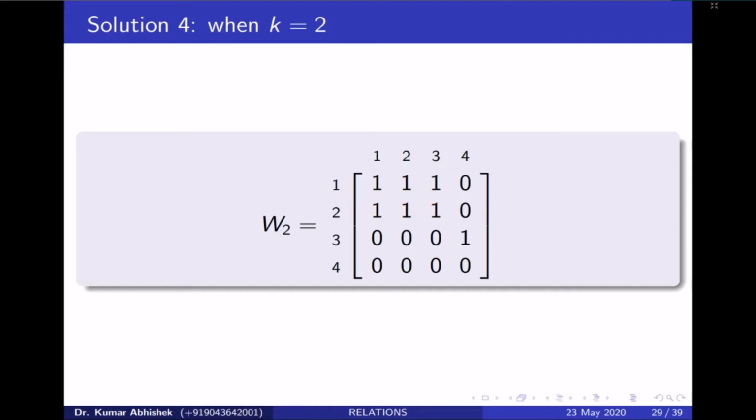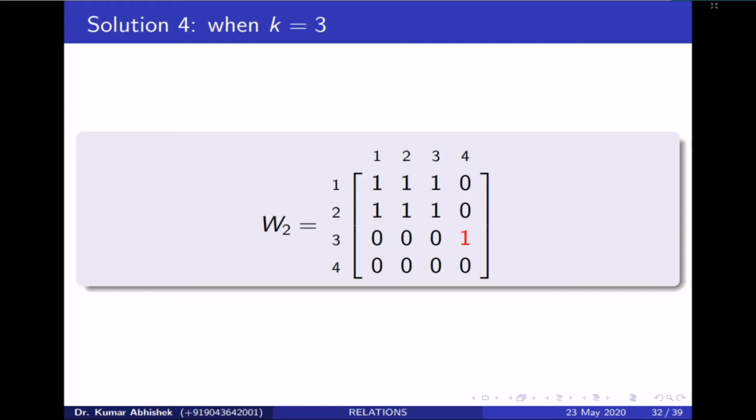Now from this matrix W2 we will construct the matrix W3 by moving to column 3. Under column 3 we see that the first non-zero entry appears at row 1 and the second non-zero entry appears at row 2, and when we move along row 3 we see that the first non-zero entry appears at column 4.